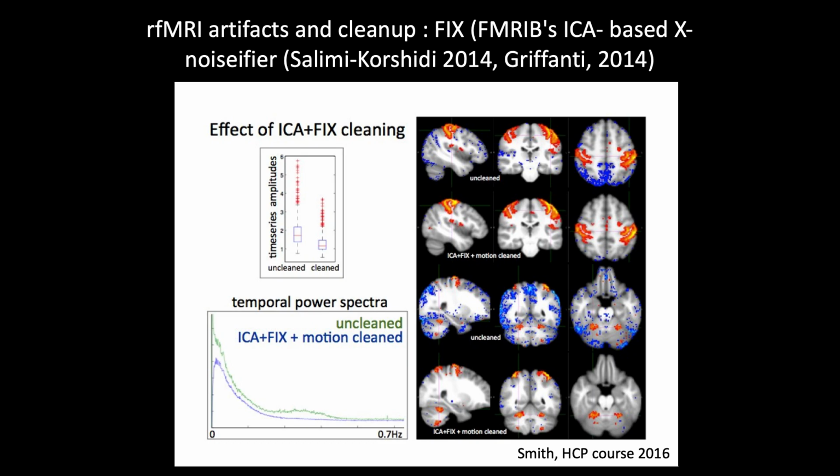What this is really showing you is, at the top here, an image that hasn't been cleaned up. And then in the second row, that same image where we've used ICA to identify the noise in our data and used FIX to help identify and remove the noise from our image. And similarly, these bottom two show something similar, where we have noise, particularly around the edge of the brain, that's been largely cleaned up by using ICA and FIX.